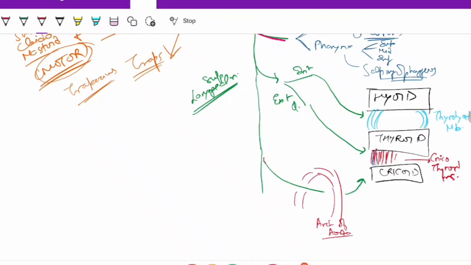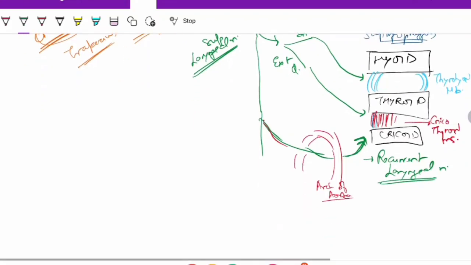So it has to follow a very returning kind of path. And because of this returning or coming back kind of path, this nerve is also known as the recurrent laryngeal nerve.